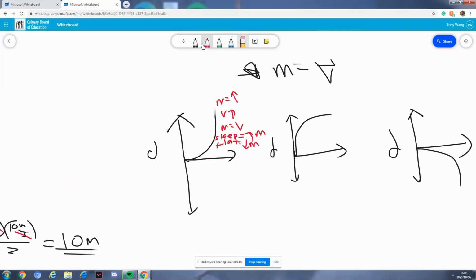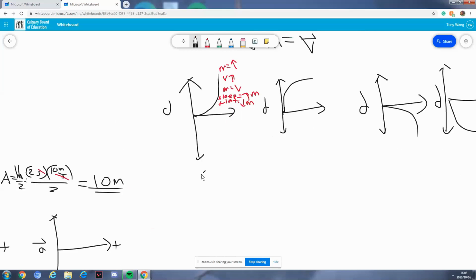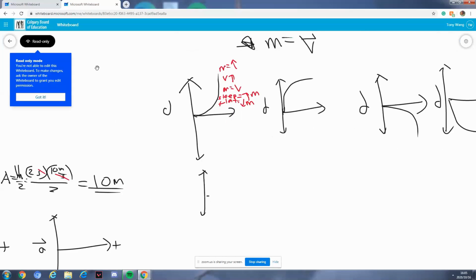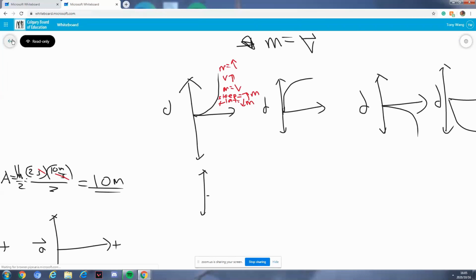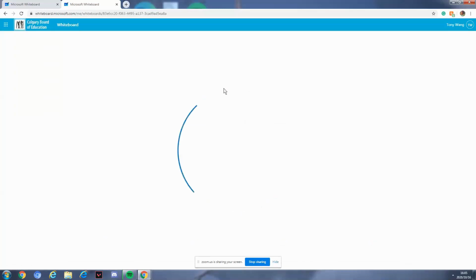So a line that looks like this on a DT graph. Oh wait, what just happened? Sorry, this is really weird. I couldn't draw for some reason. I don't know what's happening right now.